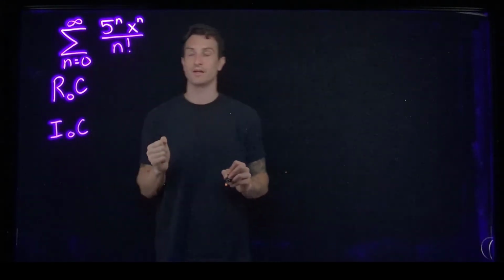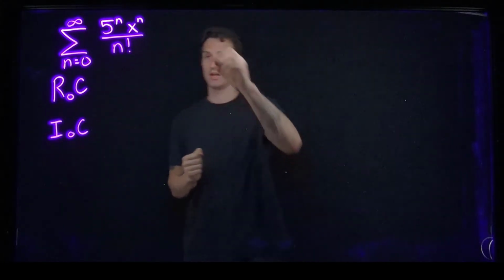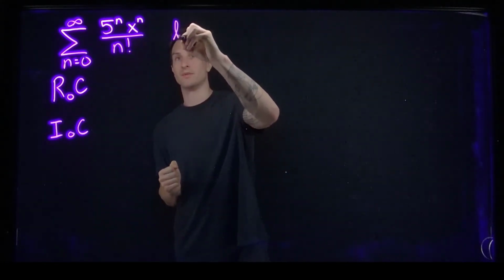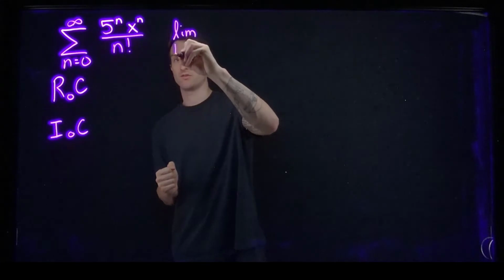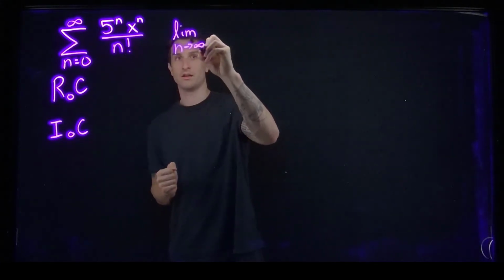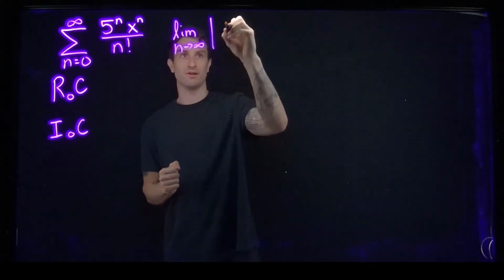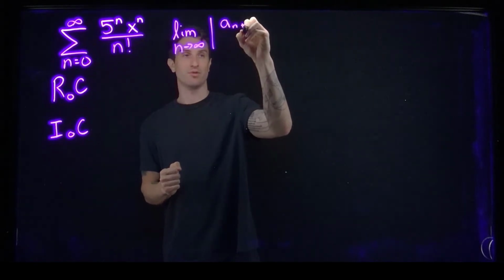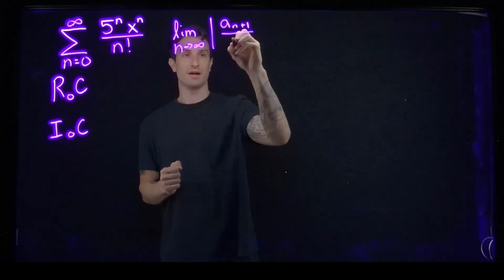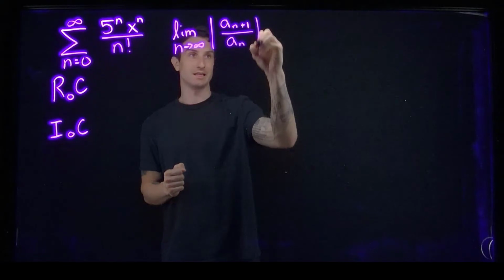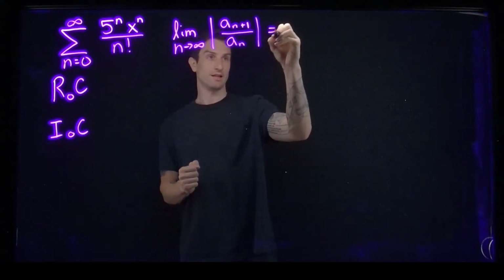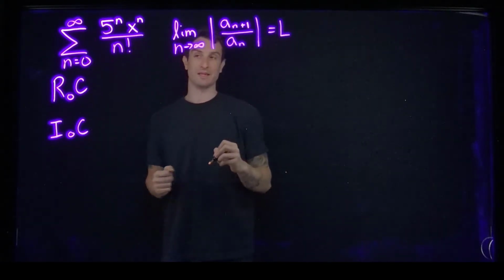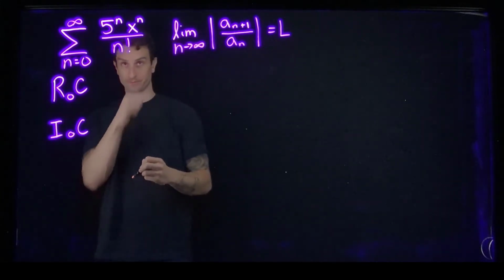As soon as we see the factorial, we want to use the ratio test, right? So the ratio test is the limit as n goes to infinity of a sub n plus 1, all divided by a sub n. And this is going to give us some limits, right? And we'll go back over what the limit means once we solve for it.